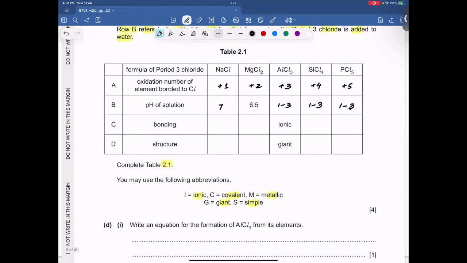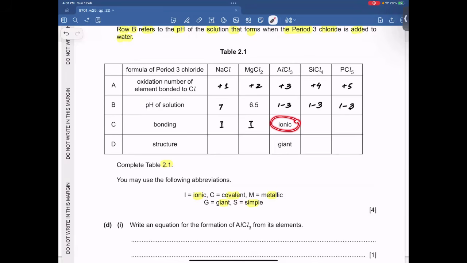Bonding. NaCl is ionic, so I'm going to write I. MgCl2 is ionic, I. AlCl3 is ionic. Really? Oh my goodness. AlCl3 exhibits sp2 hybridization according to my lecture, right?